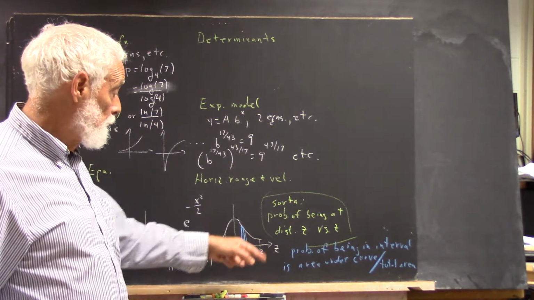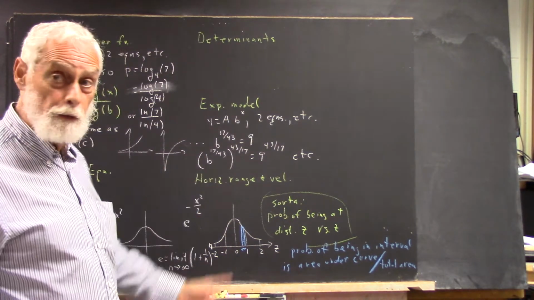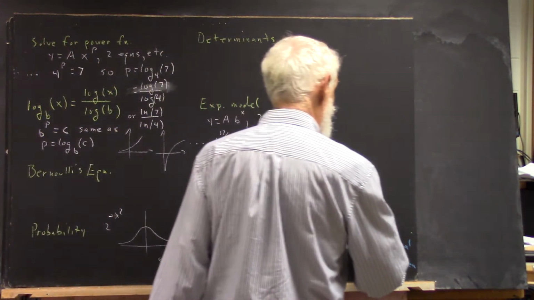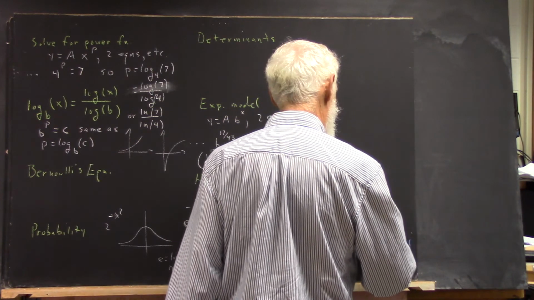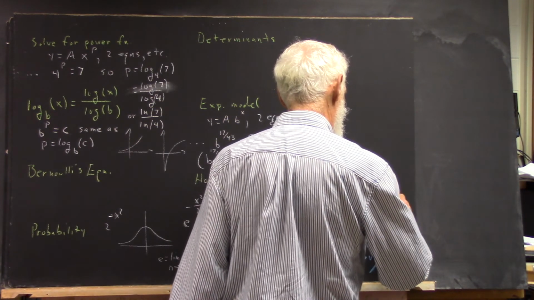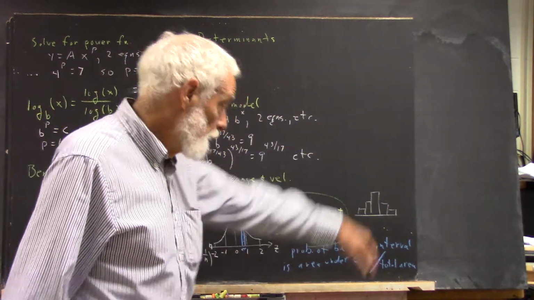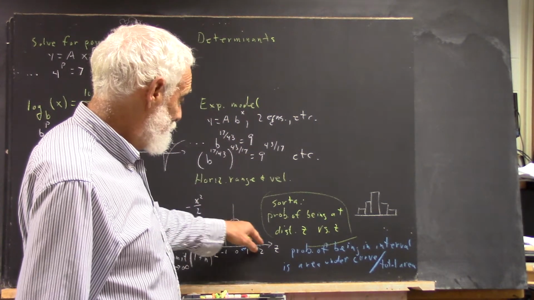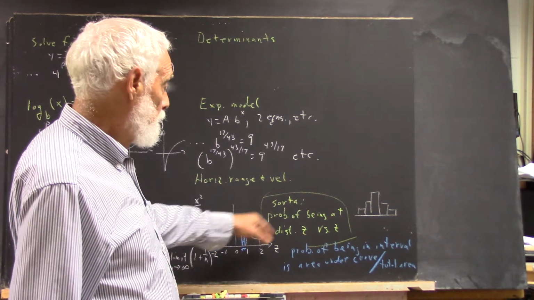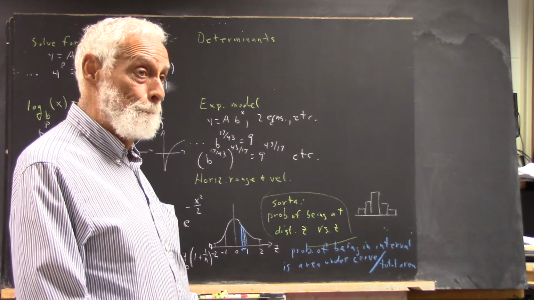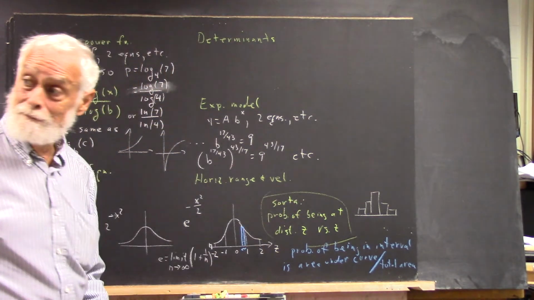Normal distribution is just the limit of what you get if you do a lot of coin flips, because you know your coin flip distributions look like this, right? Okay? Well, if you got a lot of flips, this curve is the one that fits. Okay? It's not hard to see.